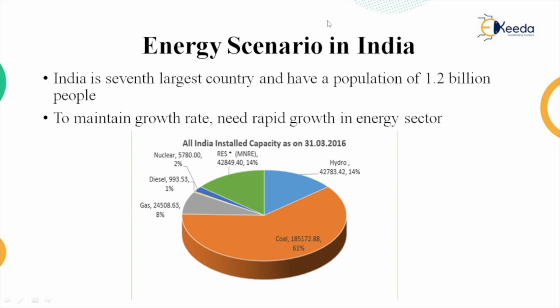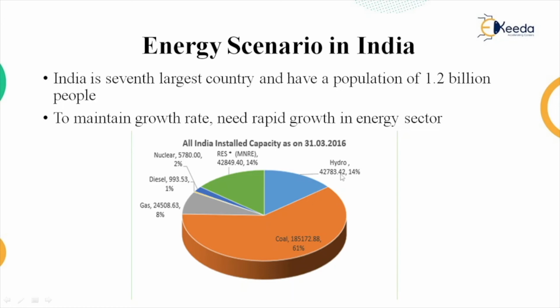Then the current energy scenario. India is the seventh largest country and has a population of 1.2 billion people. To maintain the growth rate, we need rapid growth in the energy sector. If we see this pie chart, India has its largest installed capacity in coal, that is 61%.